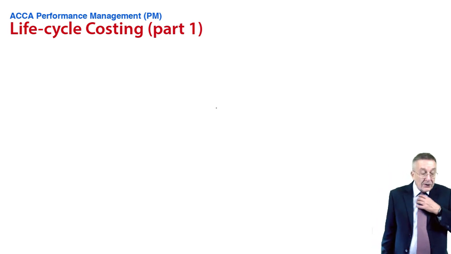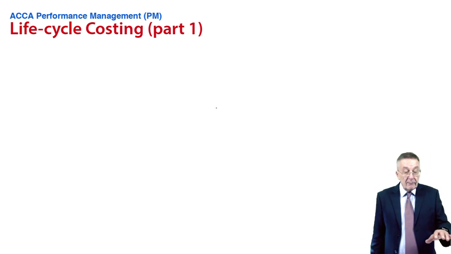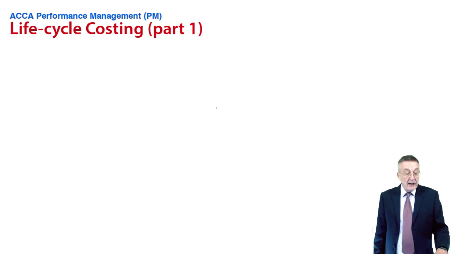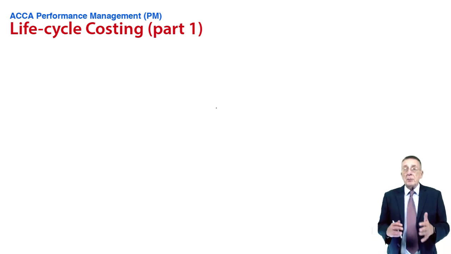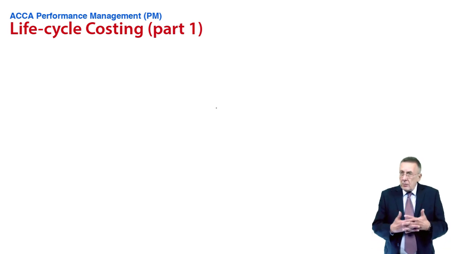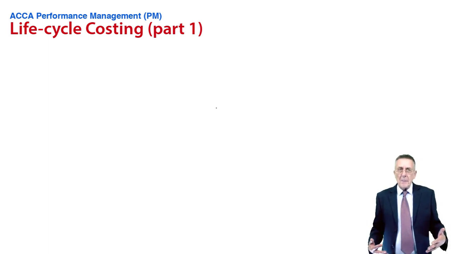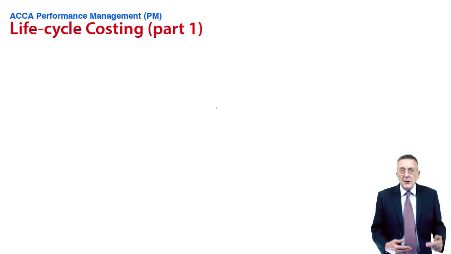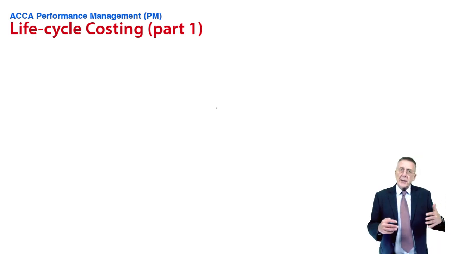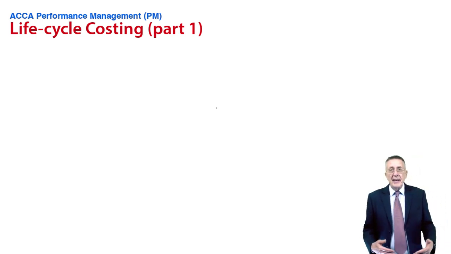So if you look at the first page of the chapter, you'll see mention there of the product life cycle. Almost any product, a new product, starts off with what we call the development phase.